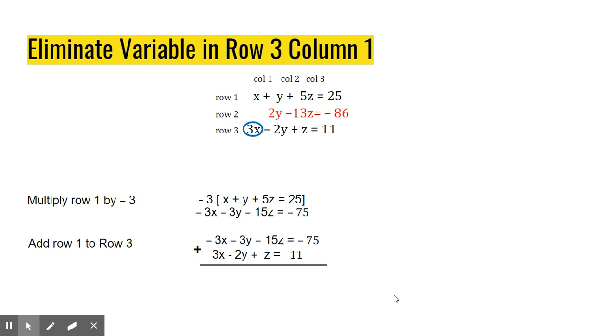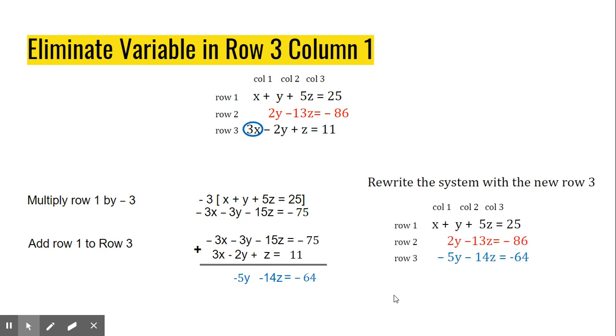When I do, I eliminate that 3x in that position, and I end up with -5y minus 14z is equal to -64. And again, I'm going to rewrite my system with my new row 3. We are almost done with this one.